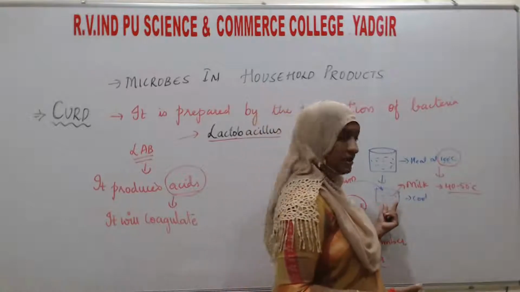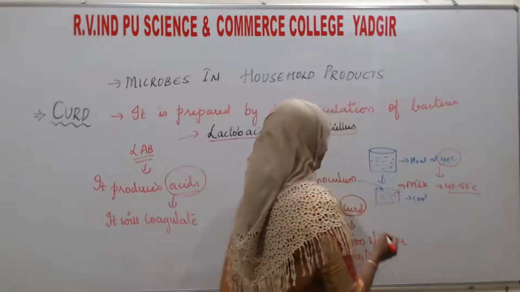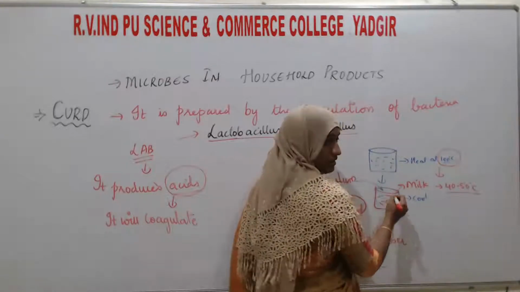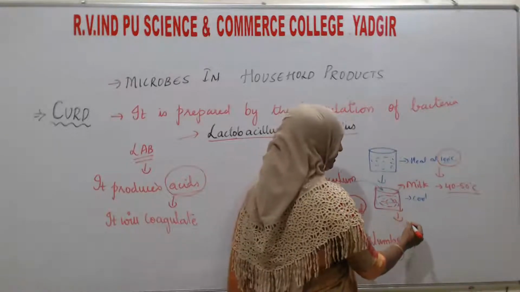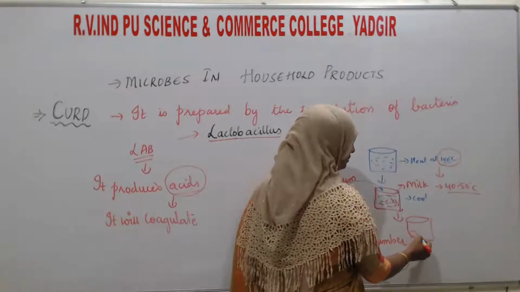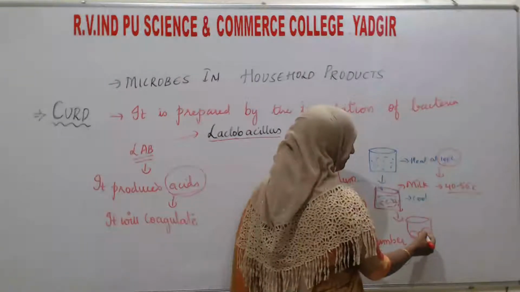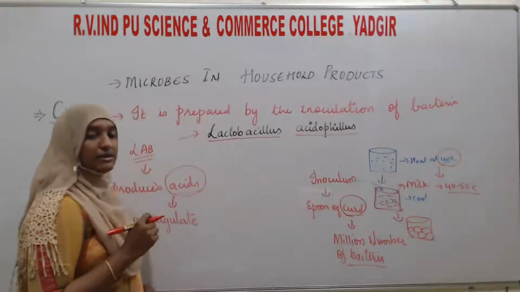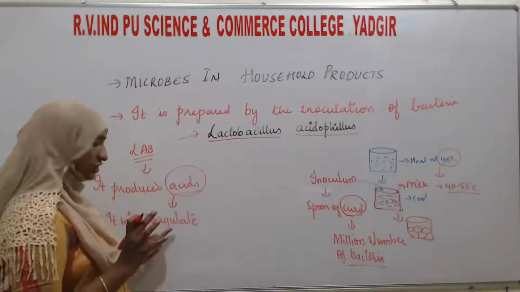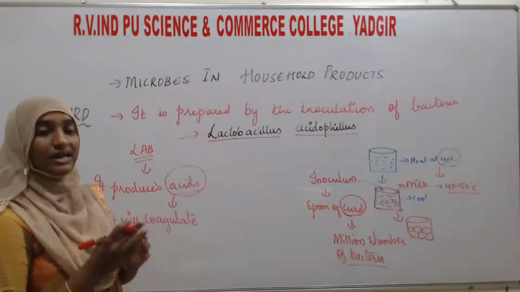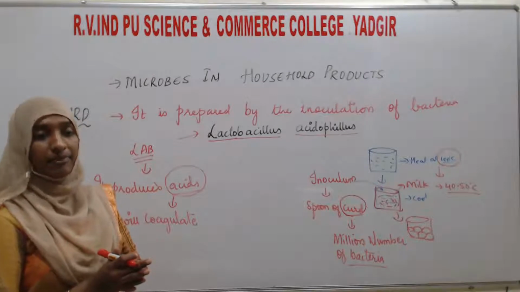Here you can see the milk is totally in a liquid form. Next, the milk starts to coagulate like this, meaning some solidness will come in the milk. That is known as coagulation.